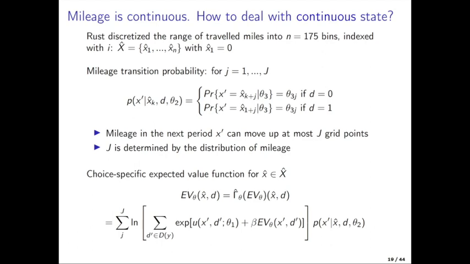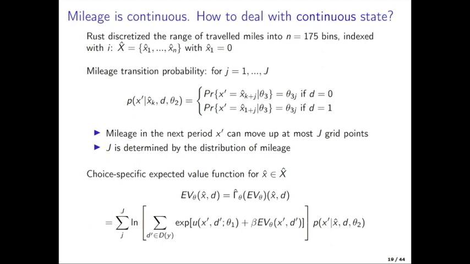So in other words, mileage in the next period can move up at most J grid points. And he's also assuming that those probabilities of changing mileage are independent of the mileage itself.